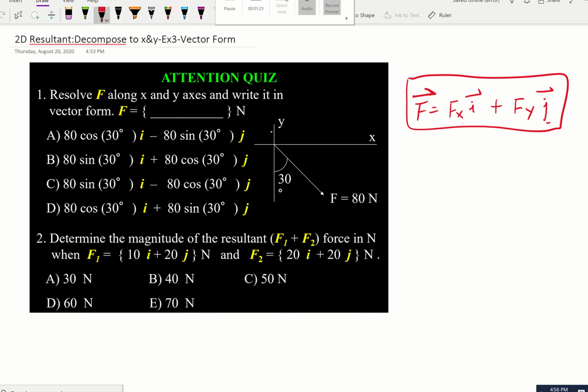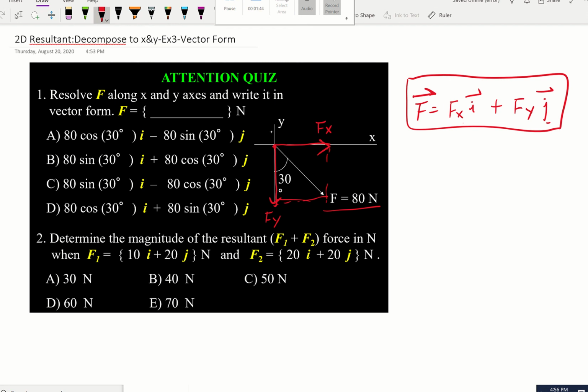So in this problem, F is 80 Newton, and if you try to decompose it to the x direction, that will be going to the right, and then this will be going downward. So that's going to be our Fx, Fy. If you still want to draw a rectangle, you may, but often I no longer draw that anymore.